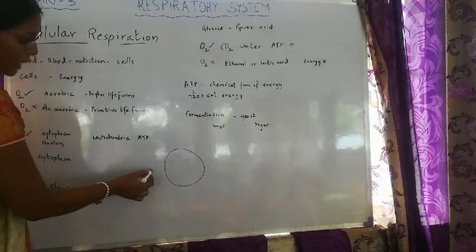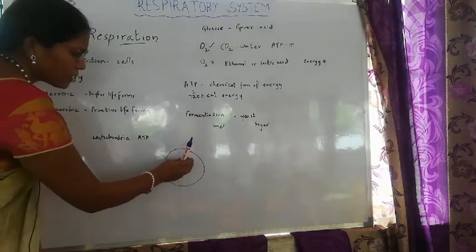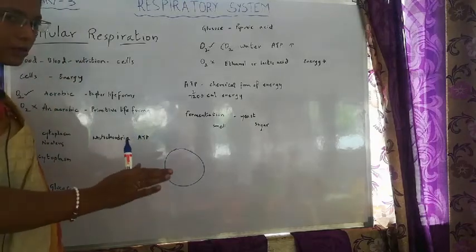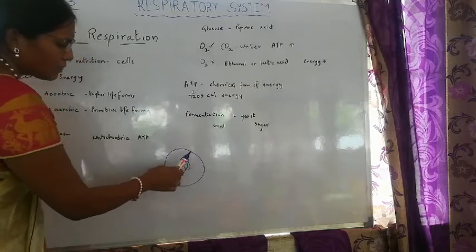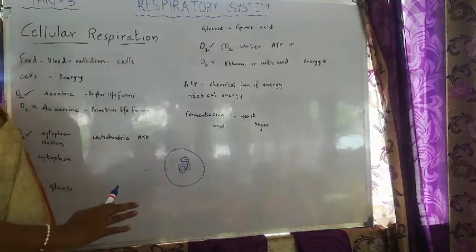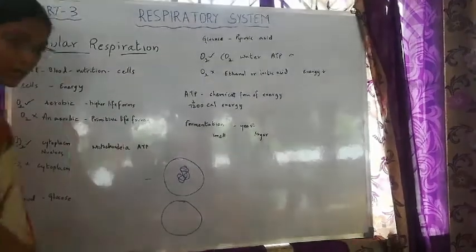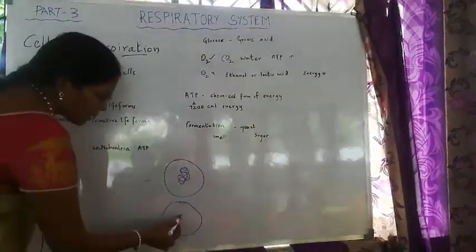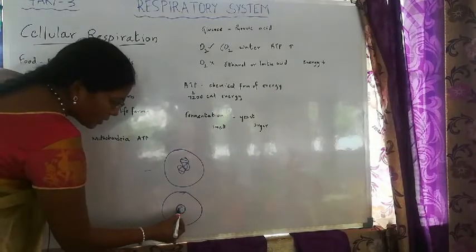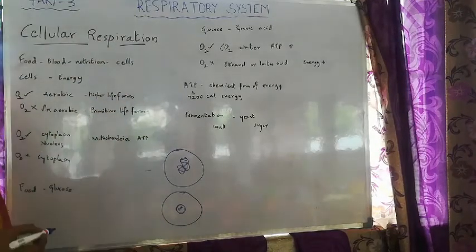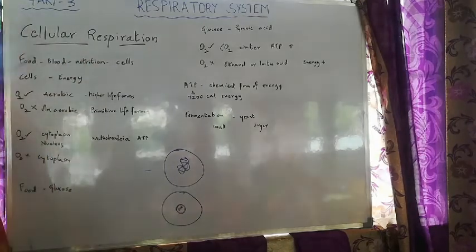Now, if you take a bacterial cell, there is no separate nucleus, okay? The genetic material of bacteria floats freely in the cytoplasm, okay? But if you take the cell of a higher organism, they have a separate distinct nucleus inside which there is cytoplasm. Inside which there is genetic material.